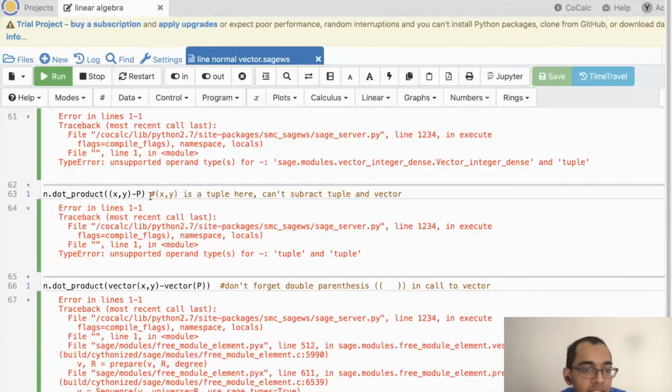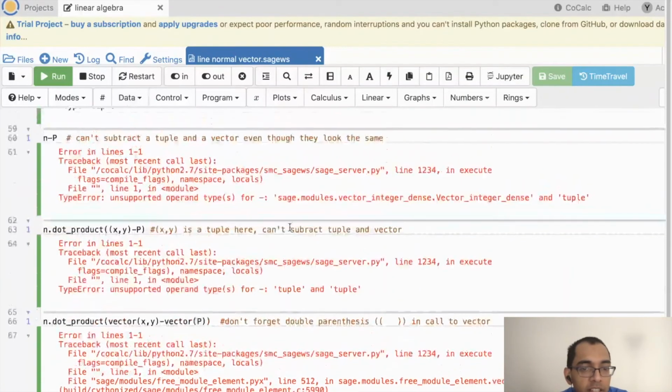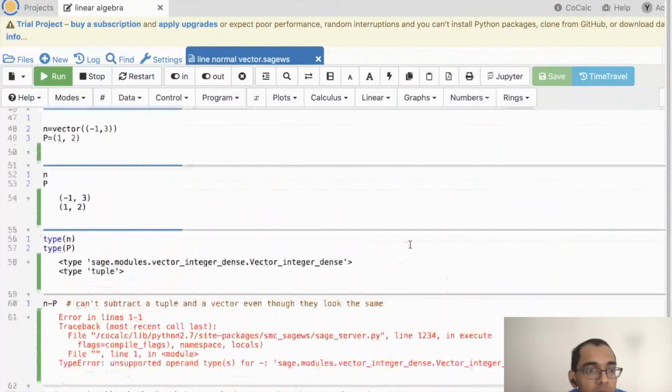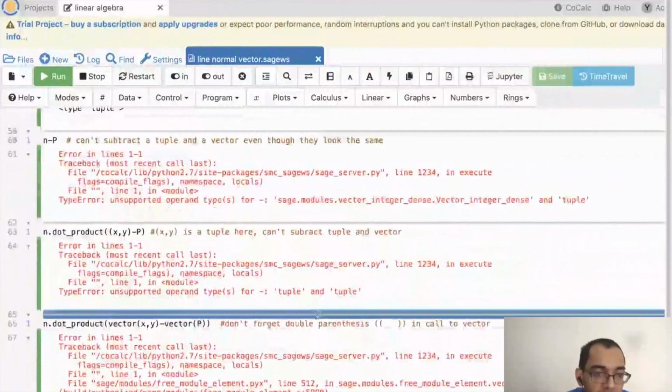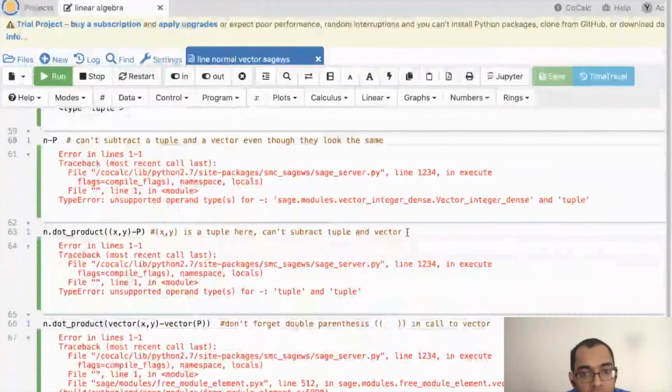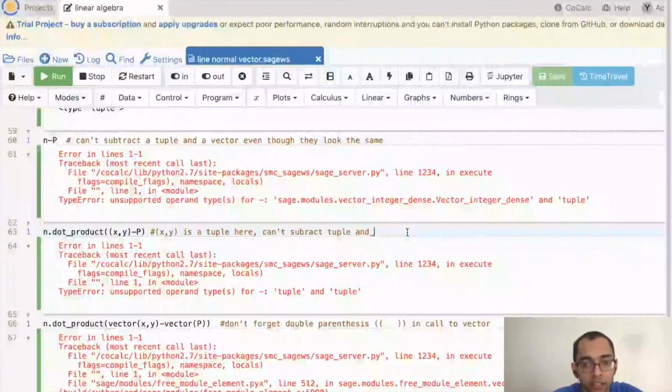The problem is that (x, y) is a tuple, and as we saw earlier, you can't subtract a tuple from a vector. Actually, p is just a tuple, and you can't subtract two tuples either.